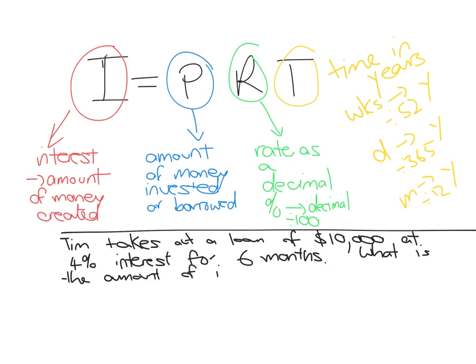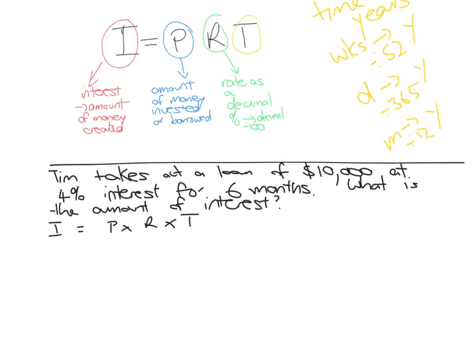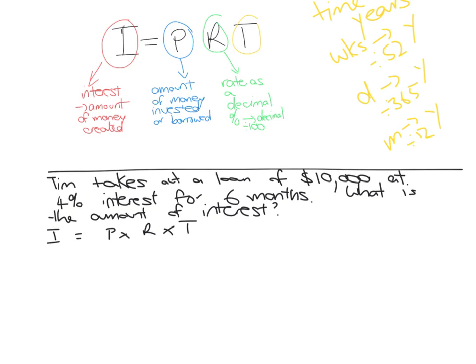So what we're going to do is firstly write down our formula. So that's I equals P times R times T. Then what we're going to do next is we're just going to write down what facts we know. So we know that the principal is $10,000. That's the amount he borrowed.